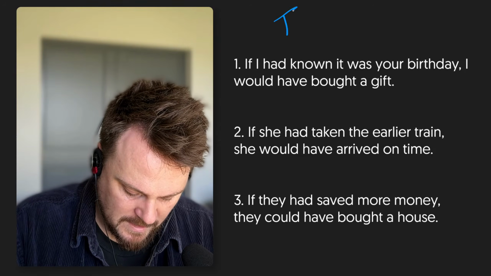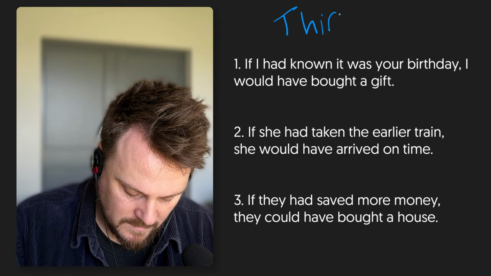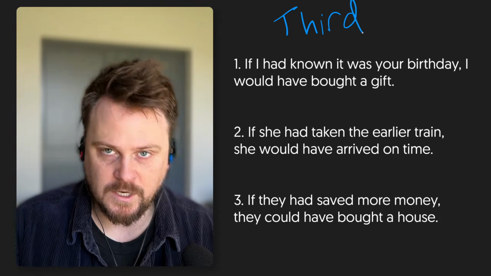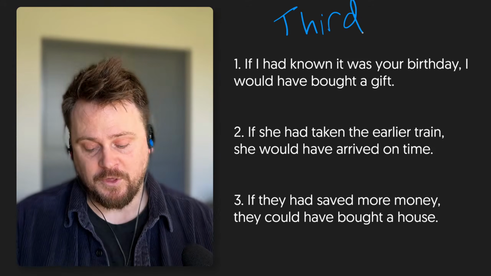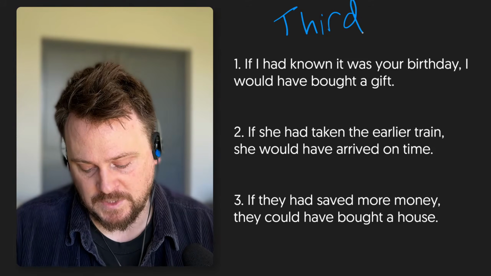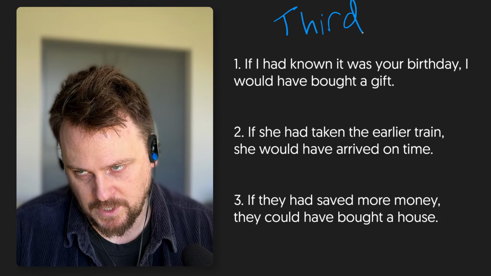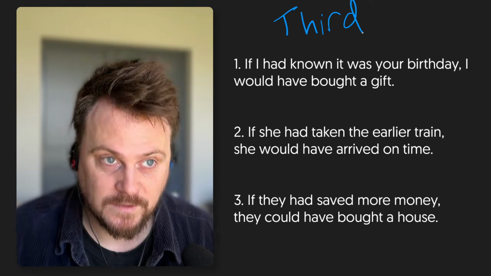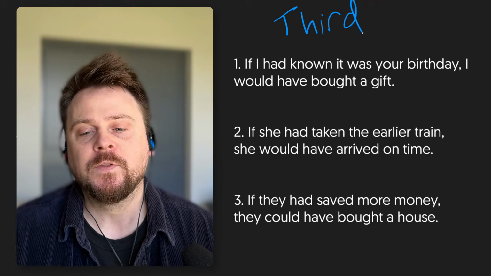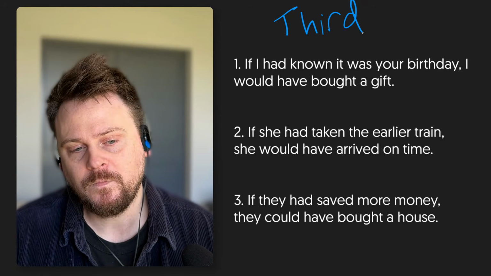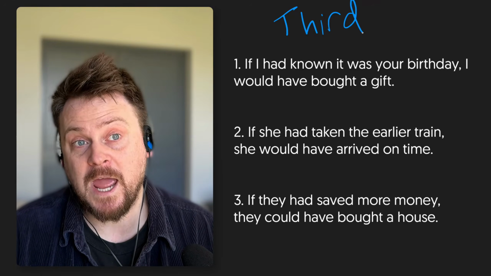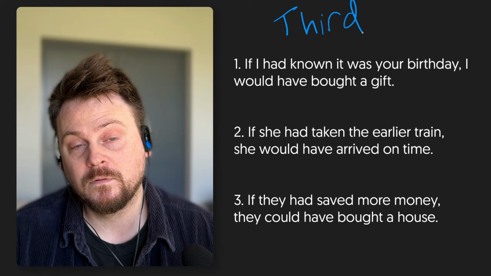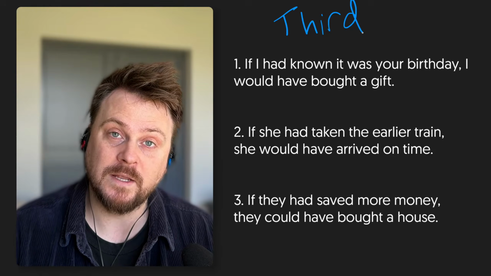And I think, did I write down second? The third conditional. Now, the third conditional is talking about the hypothetical past and present, usually. So for this one, something did happen in the past or didn't happen in the past.